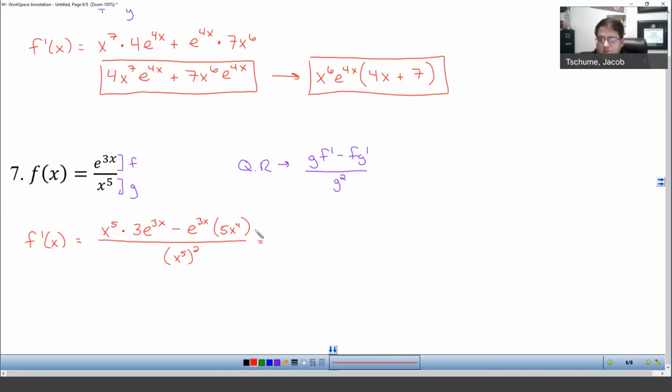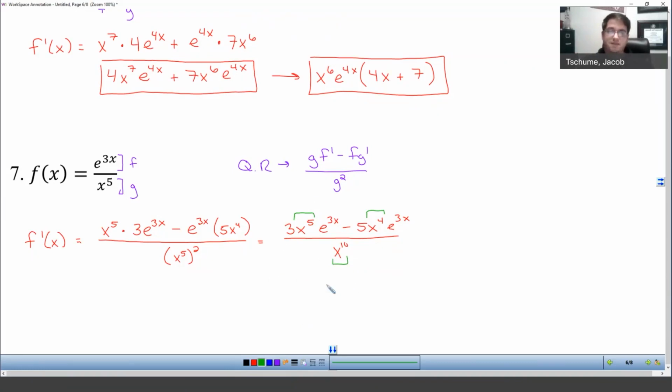If I clean this up and rearrange some terms here, you're going to have 3x to the fifth e to the 3x minus 5x to the fourth e to the 3x, all divided by x to the 10th. Now, we saw this back in the chain rule section. There are actually some things in common. If you notice, x to the fifth, x to the fourth, and x to the 10th all have some power of x in common.